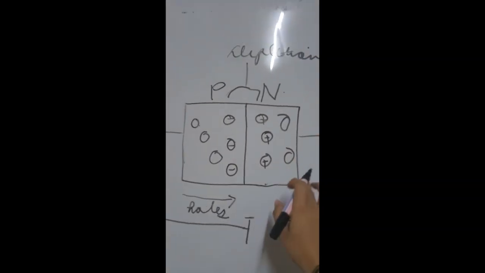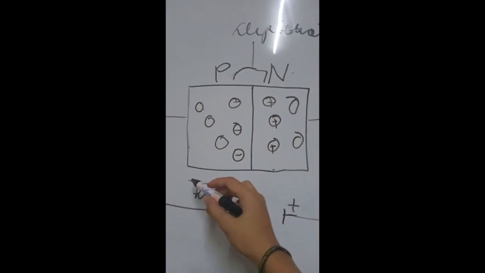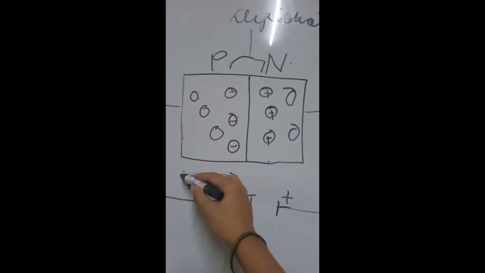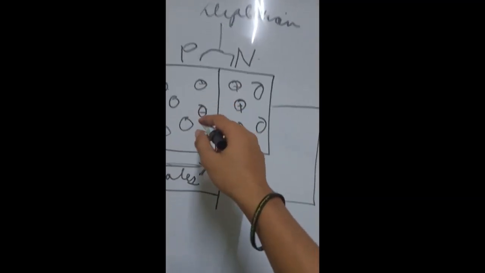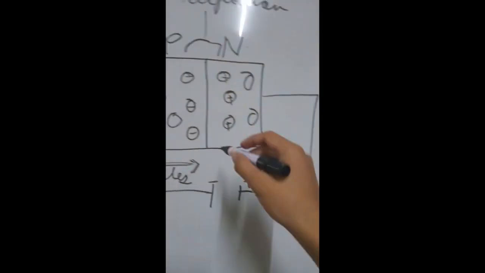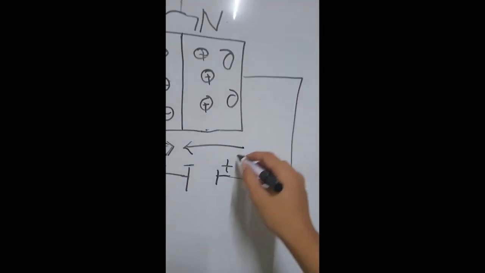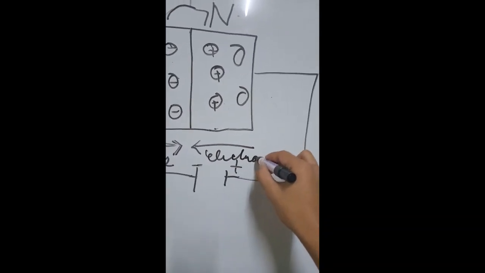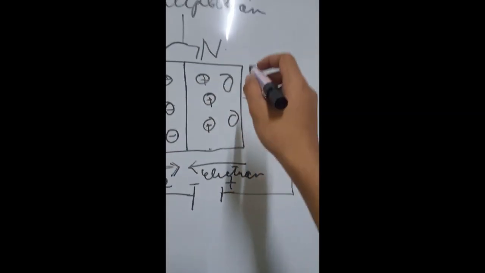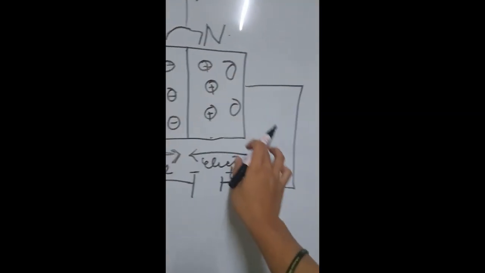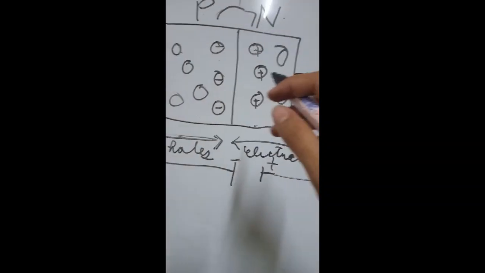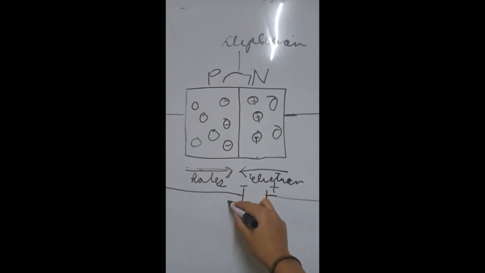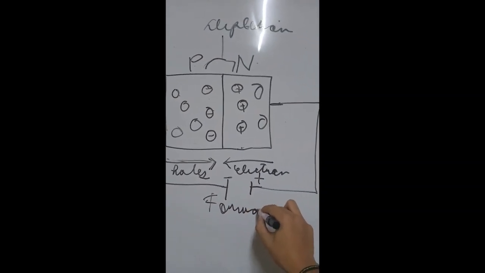The direction of the holes is to the right, because as you can see, the majority of this region is holes. While for the n side, this will be the electrons, and the direction for the majority of this region is the electrons. Because of this illustration of this sketch, it will be considered as forward bias.